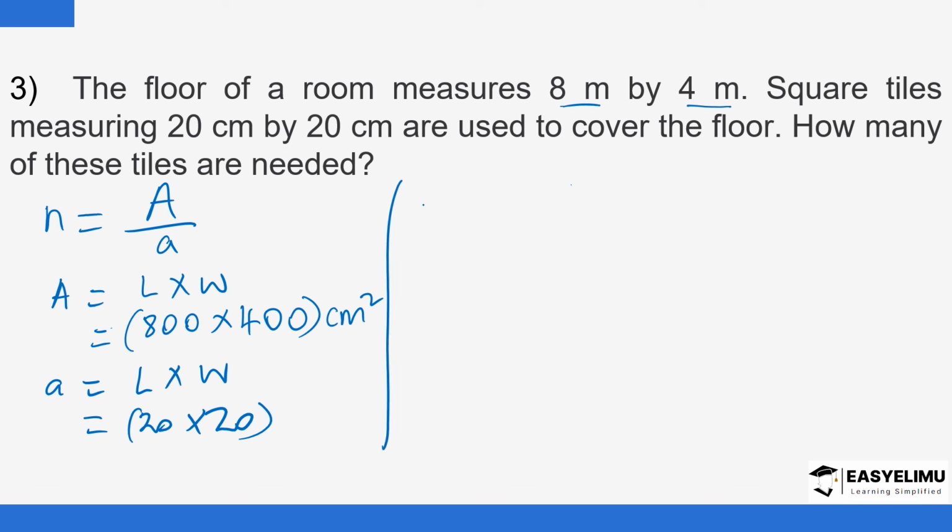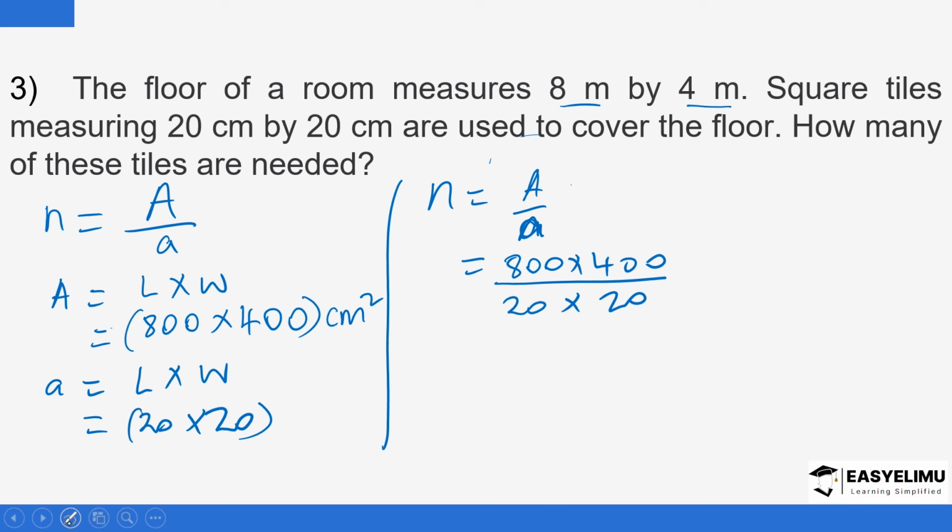So now I have the number of tiles that I'm looking for. That is capital A divided by small letter a. Capital A here represents the size of the floor, and small letter a represents the size of each tile. So this is 800 multiplied by 400, and then this is 20 multiplied by 20. So we want to see how you can do cancellation.